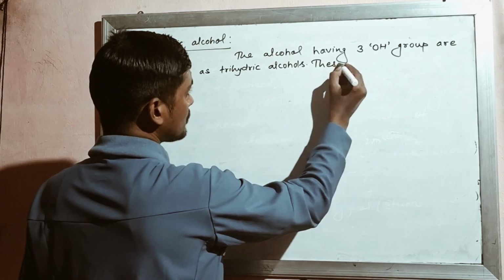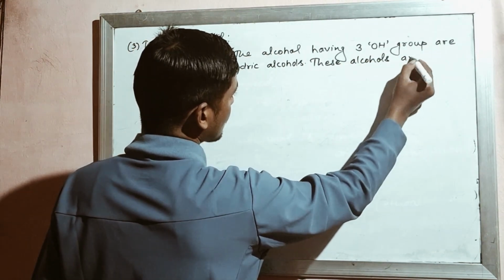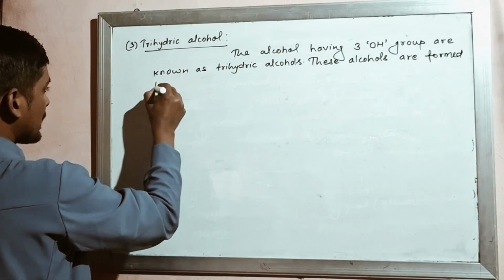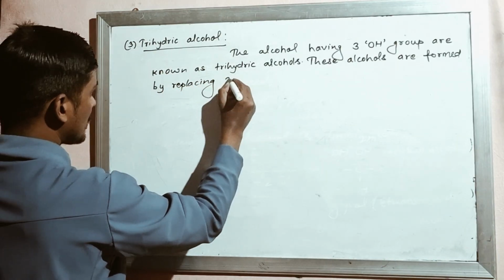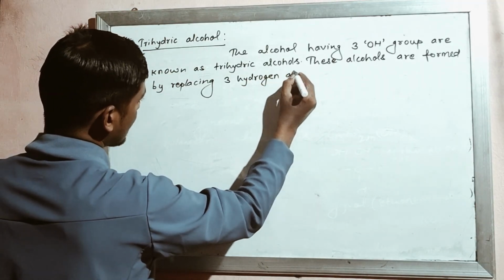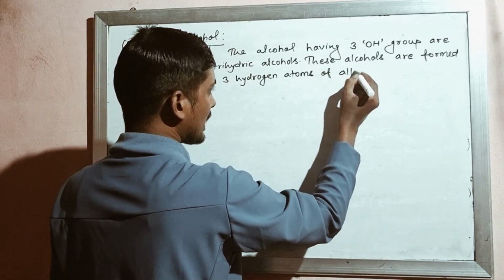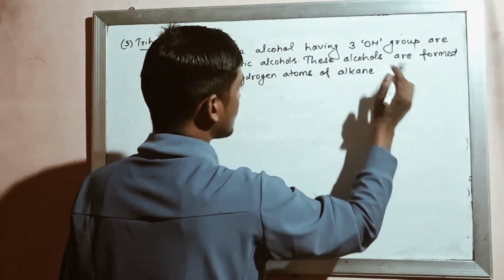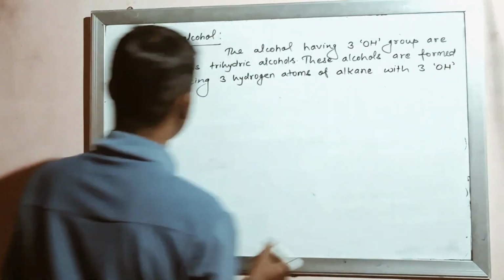These alcohols are formed by replacing three hydrogen atoms of an alkane with three OH groups.